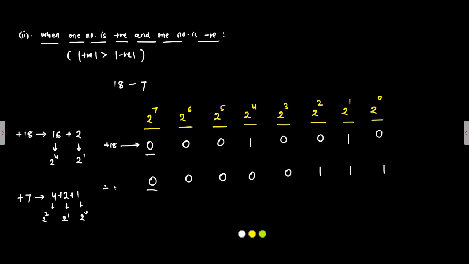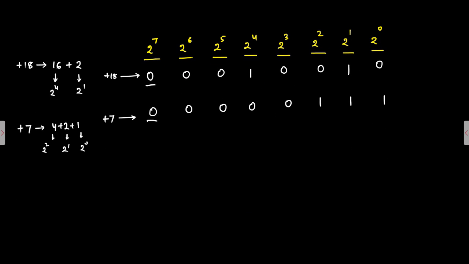This is plus 7. Now in order to represent minus 7, we have to take the 1's complement of plus 7 and then add 1 to the LSB to get the 2's complement. So first we'll take the 1's complement of plus 7.